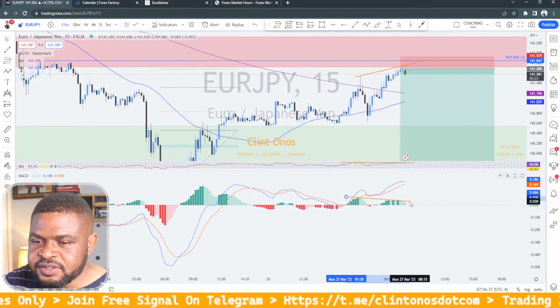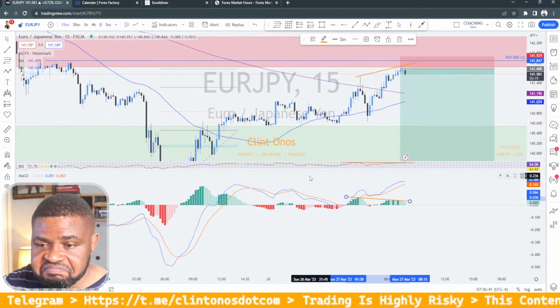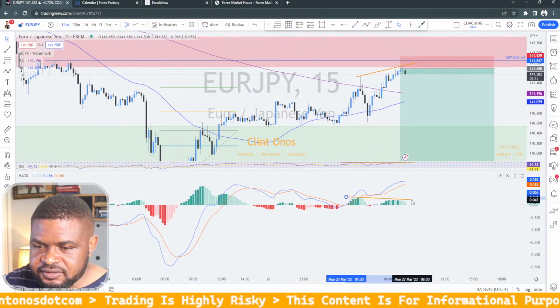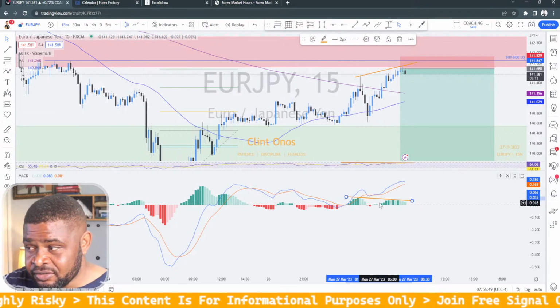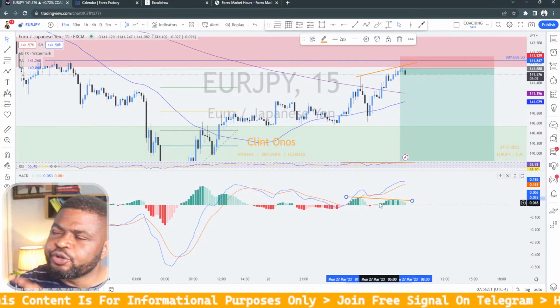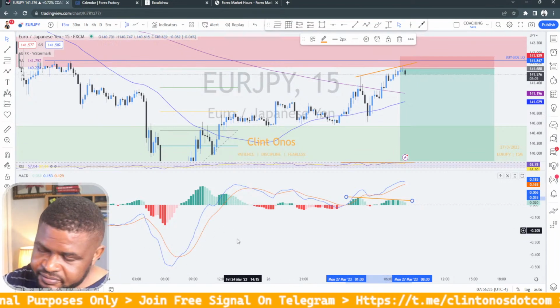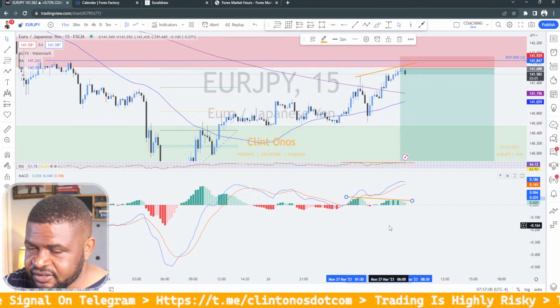I think MACD is using these two lines to calculate, probably. I don't know its calculating method, but whatever it is, you can see the indicator is making the histogram of it, right? You can watch my video about MACD: the MACD line, the signal line, the zero line, and all that. I talked about it.